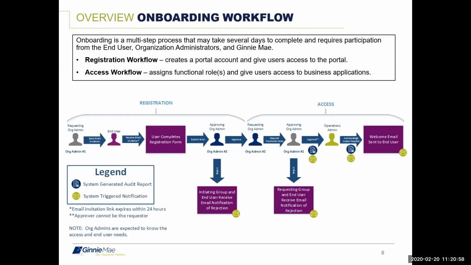Once that org admin has made that request, another org admin, meaning not the one who requested the functional roles, will go in, review that request, and either reject or approve it. If they see that the incorrect functional roles have been requested, they may reject it, and then it would start over with the request for functional roles.